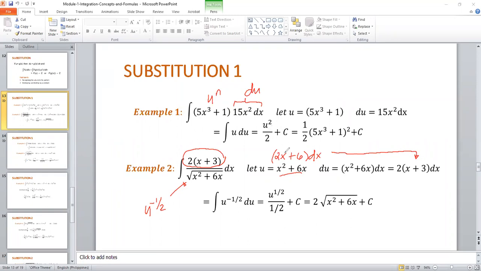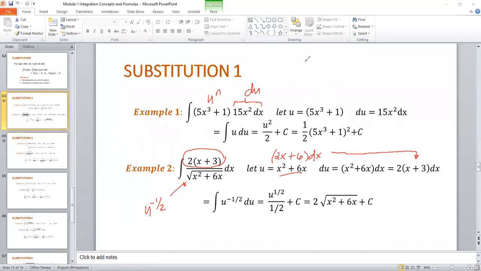So the 1/2 here came from the over 2 here. Because your u is 5x cubed plus 1. It's squared, so you see here at 2. Do you get it? Yes, Miss. Thank you. Okay. So questions?